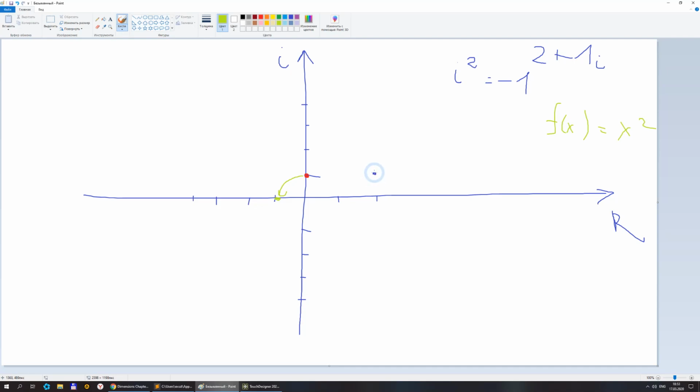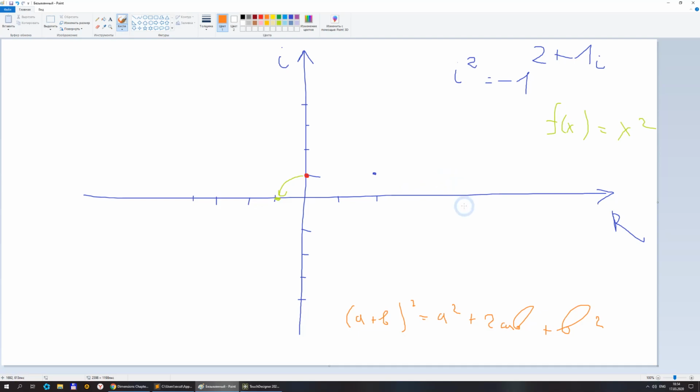For example, here we have 2 plus 1i, so squared would be 4 plus, let me remember this formula, (a plus b) squared equals a squared plus 2ab plus b squared.